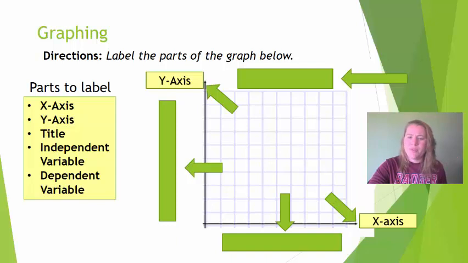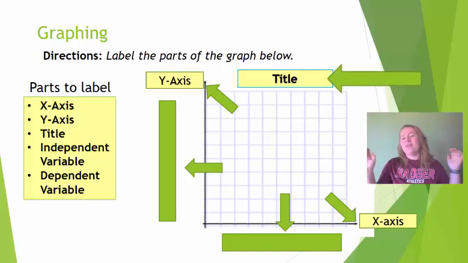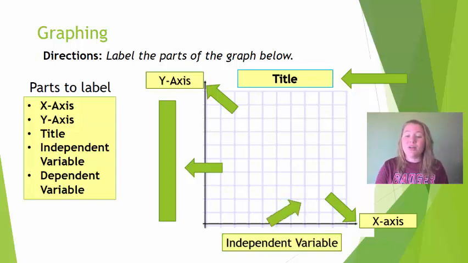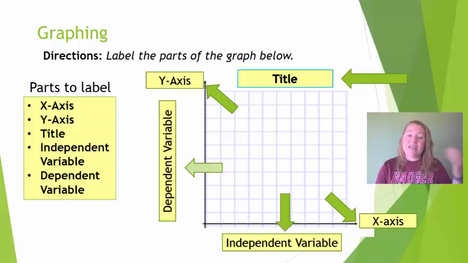You should know that. I want to remind you the title always goes at the top of the graph, and every single graph that we make has a title. And when you set up your graph, you always put your independent variable along the x-axis and your dependent variable along the y-axis.